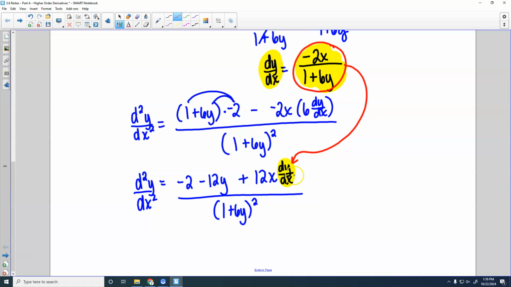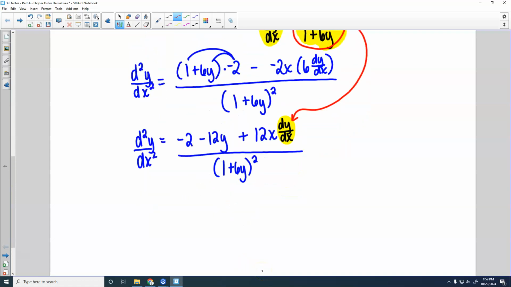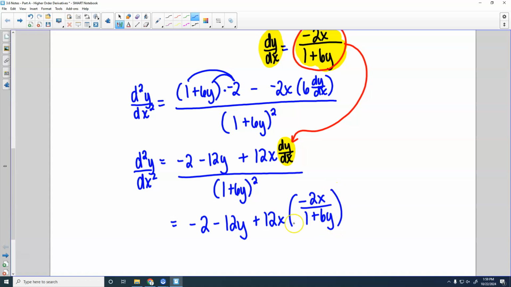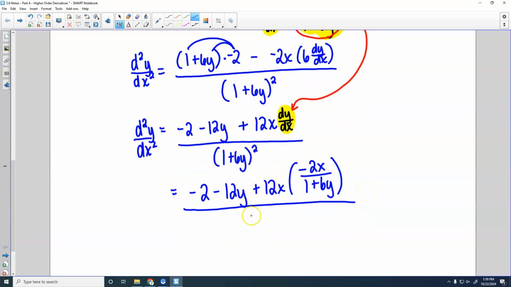If it's a free response question, it's not that big a deal, because all you have to do is negative 2 minus 12y plus 12x times negative 2x over 1 plus 6y, over 1 plus 6y squared. So on an FRQ, you would stop here.